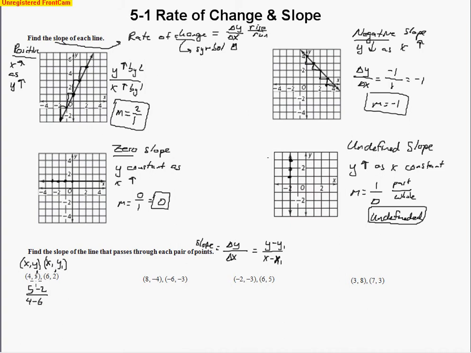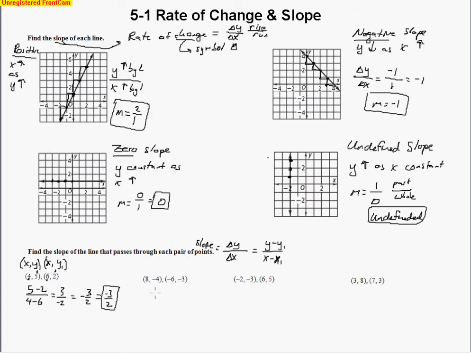Now notice, since I started with the 5, I have to start with the 4, and then go to the 6. So I do the subtraction, and I get 3 over negative 2. And that's the same thing as saying just the opposite of 3 over 2, or I could put negative 3 over 2. Typically, people like to see the negative sign on the top of the fraction, and either one is fine.